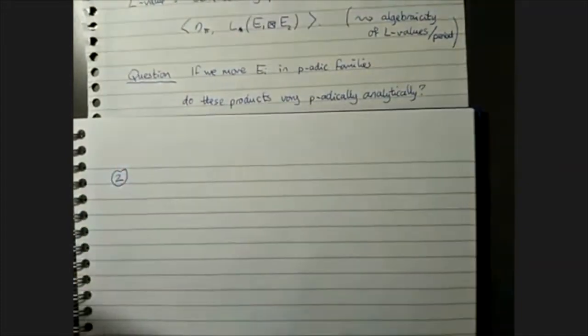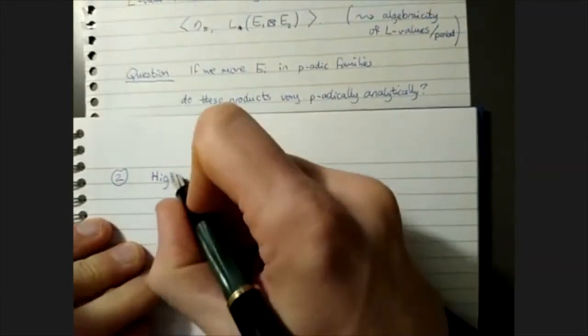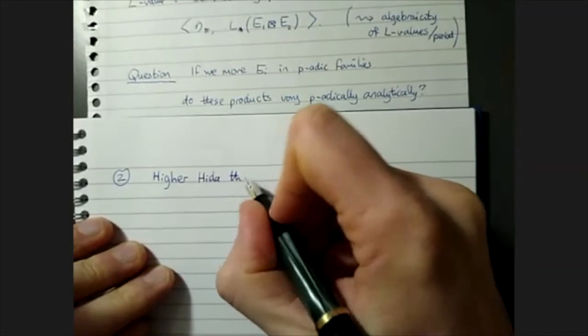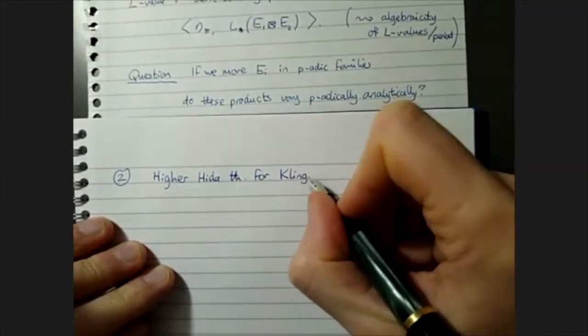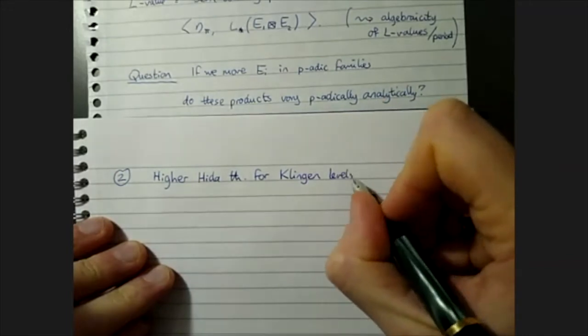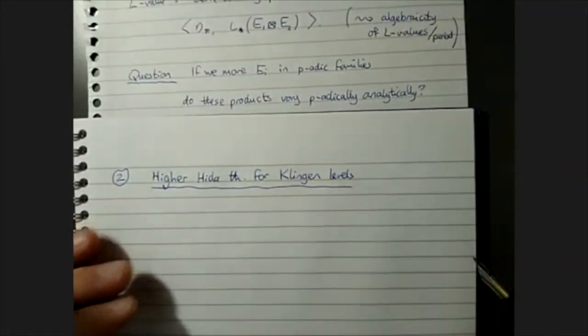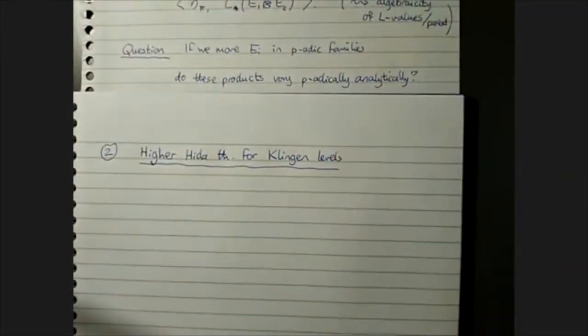And the tool we're going to use to attack this is higher Hida theory for Klingen level. So this is somehow a slightly less powerful p-adic theory of interpolation, in that you can only vary one of the two components of the weight.